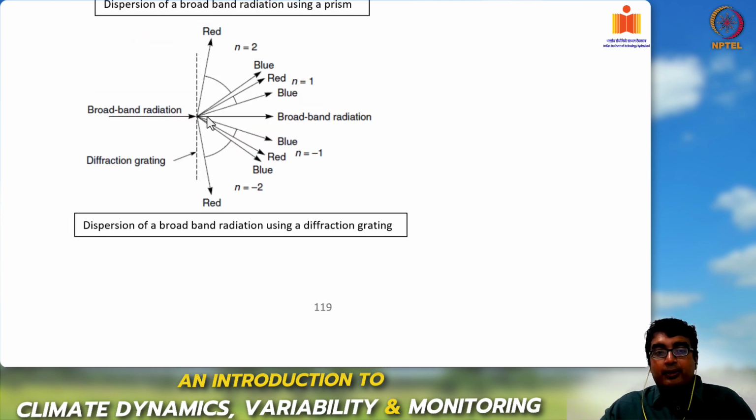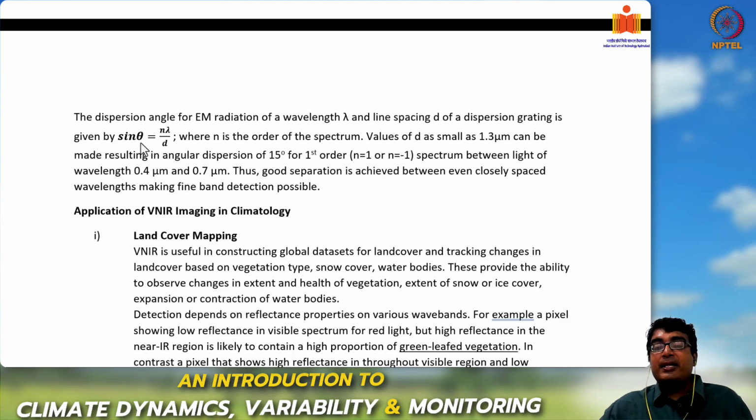So, for example, this angle is theta. So, a given wavelength in the red zone will have a certain theta red, another given wavelength in the blue zone will have a certain theta blue, and these two thetas will be slightly different from each other, and hence the two wavelengths can be separated out.